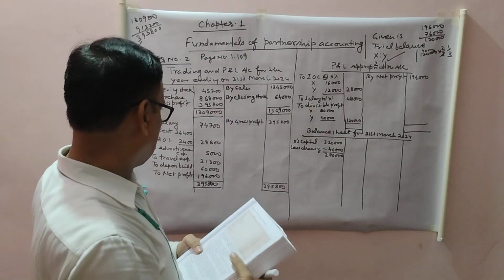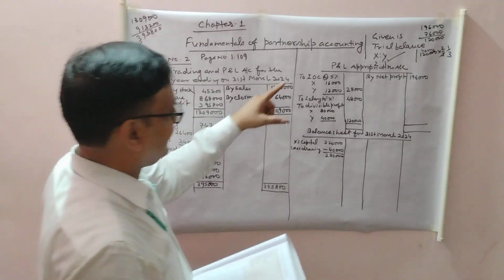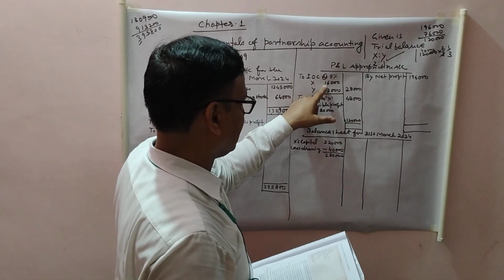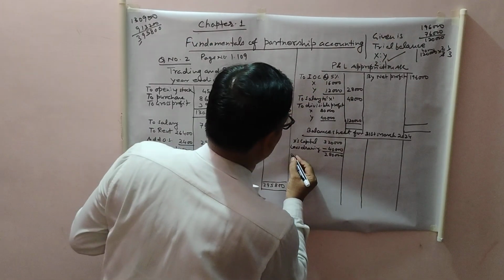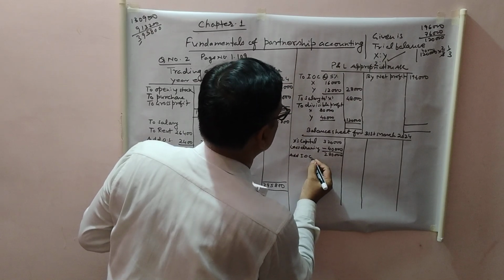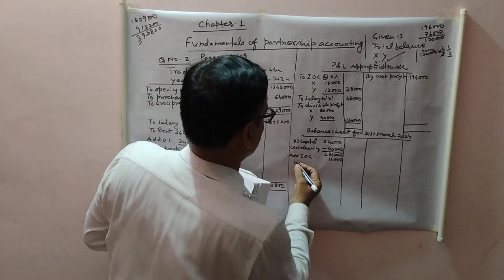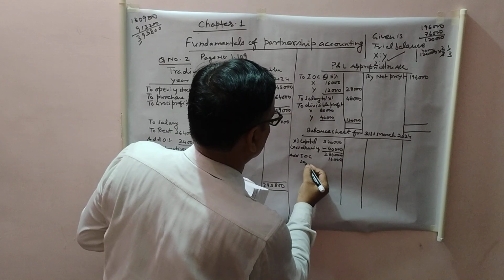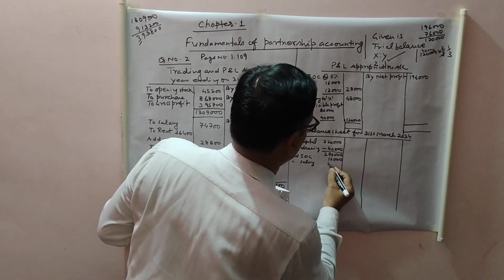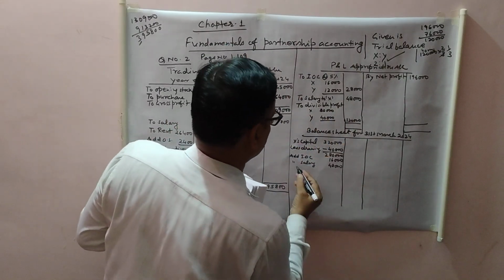Then whatever has been given to the partner will be added. Suppose X is getting interest on capital 16,000. That will be added here. Add IOC 16,000. Then add salary. How much is the salary to X? 48,000. Then how much profit has been given? 80,000.